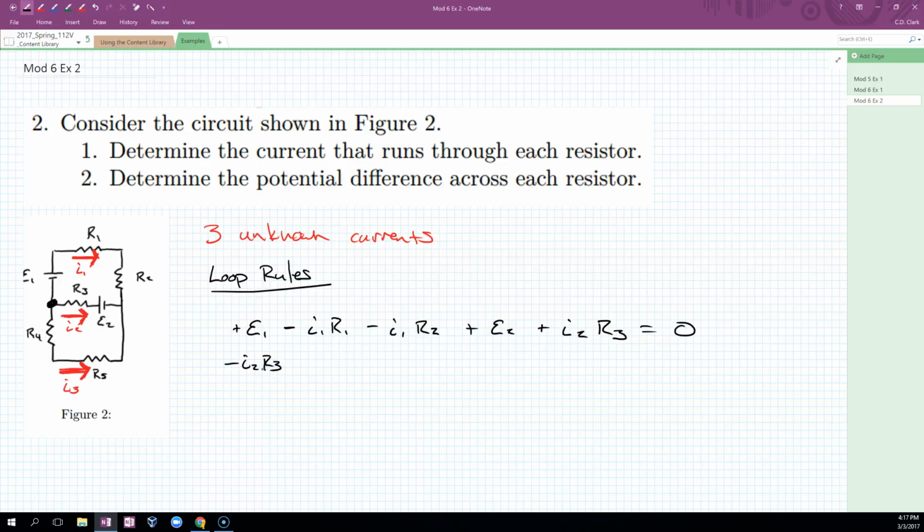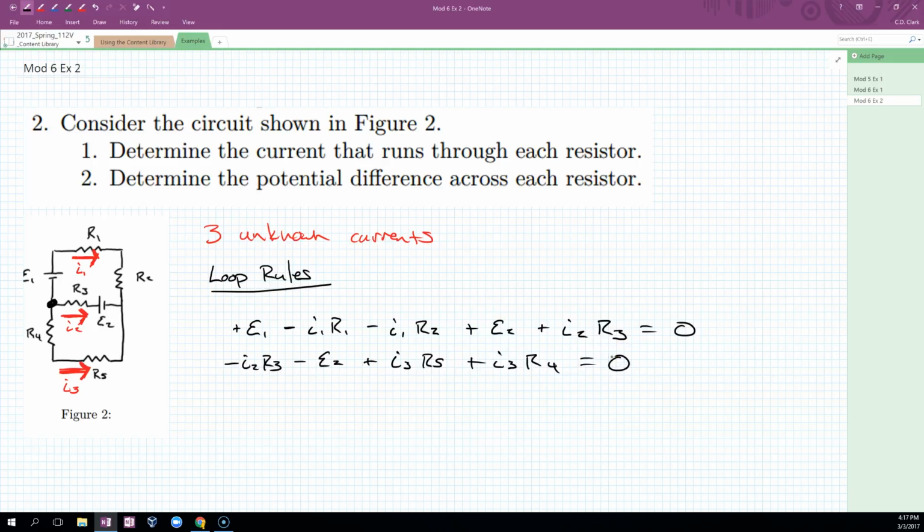And then I'm going to go through the EMF 2 from the positive side to the negative side, so that'll be a drop. That's going to be minus EMF 2. And then I'm going to go through the resistor R5 in the opposite direction of the current I3, so that'll be a plus I3 R5. Same thing for R4, plus I3 R4, and that's equal to 0.